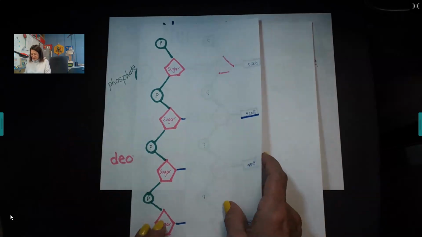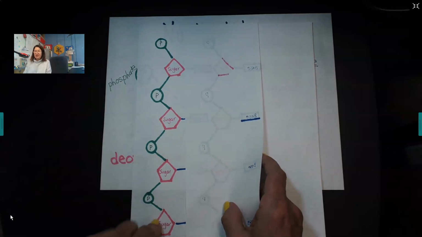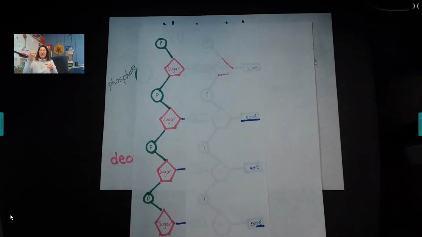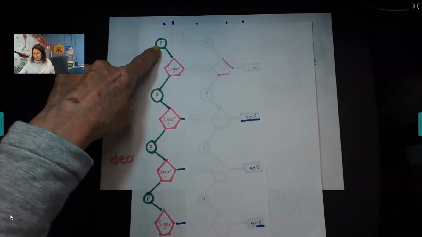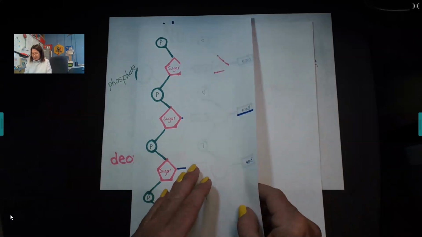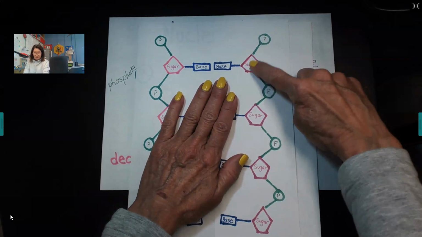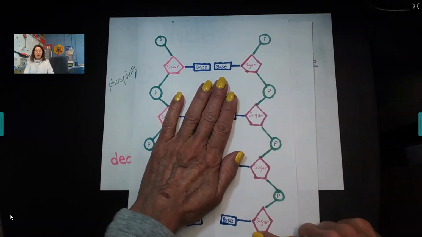These guys here make up one side of it, like a ladder. If I'm on a ladder and I grab the sides of the ladder, it's made up of a phosphate and a sugar. And on the other side of my ladder, I have the phosphate and sugar as well.